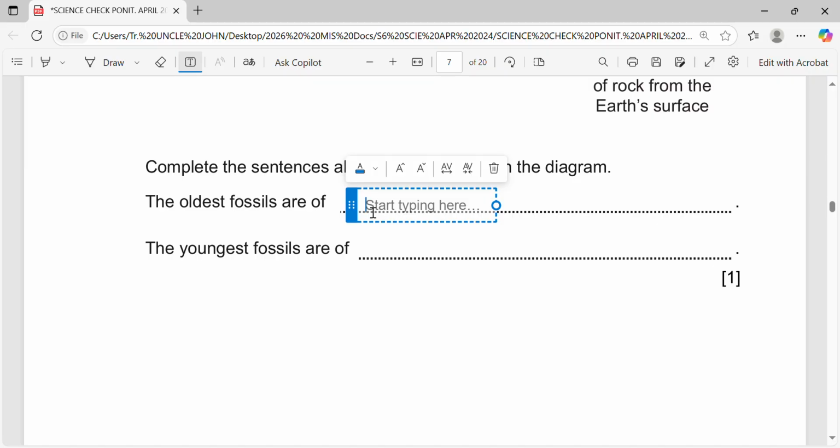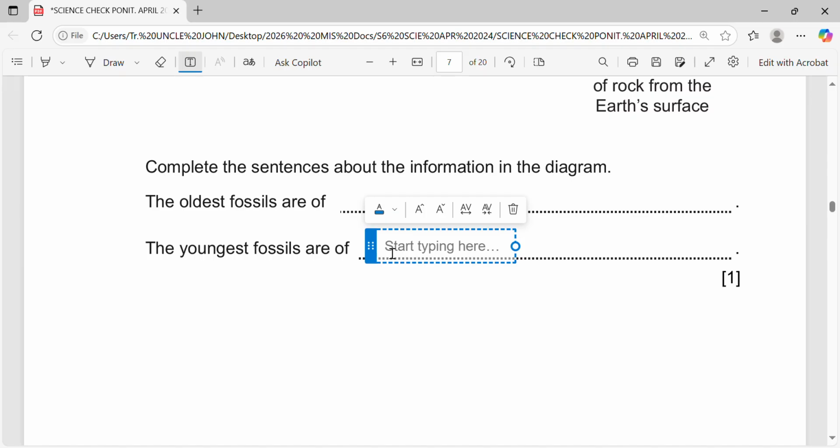So the shelled invertebrates. The youngest fossils are of birds.